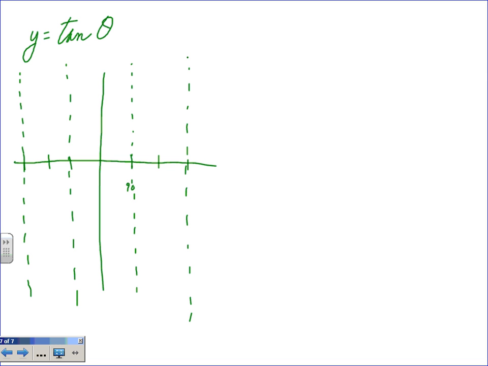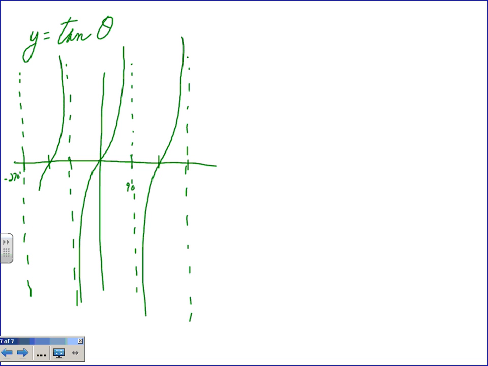And then at negative 90 and negative 270. Those are asymptotes. Even though they're not showing on my calculator, they may or may not be showing on yours. And so we have these S-shaped curves in here. All right, that's what the tangent curve looks like.